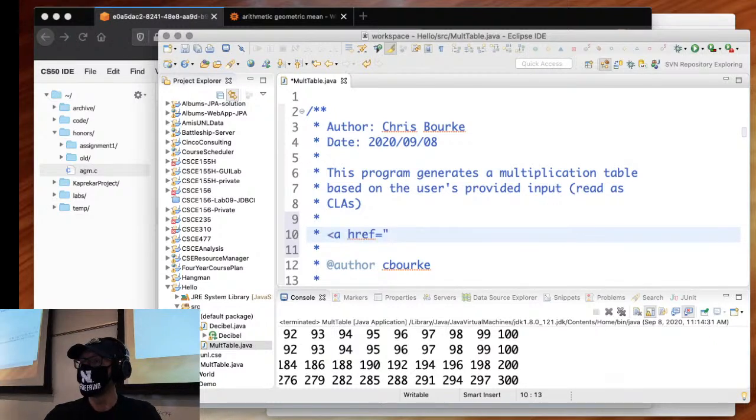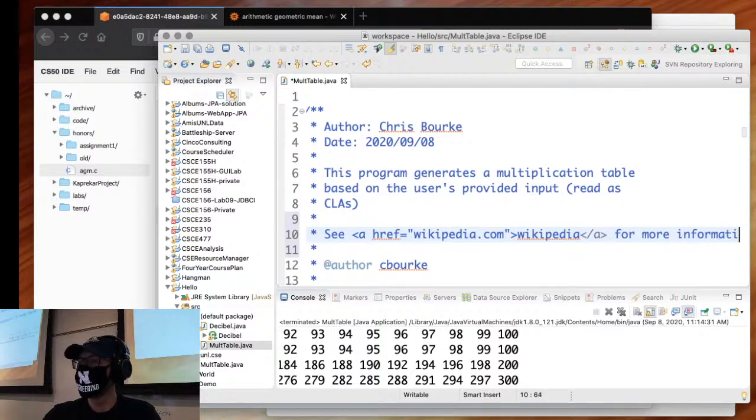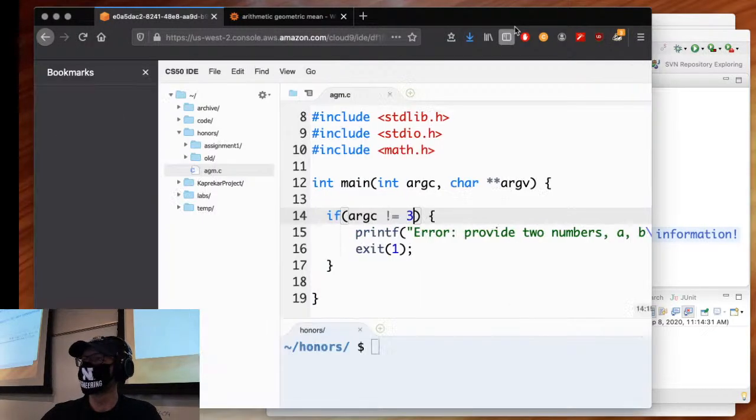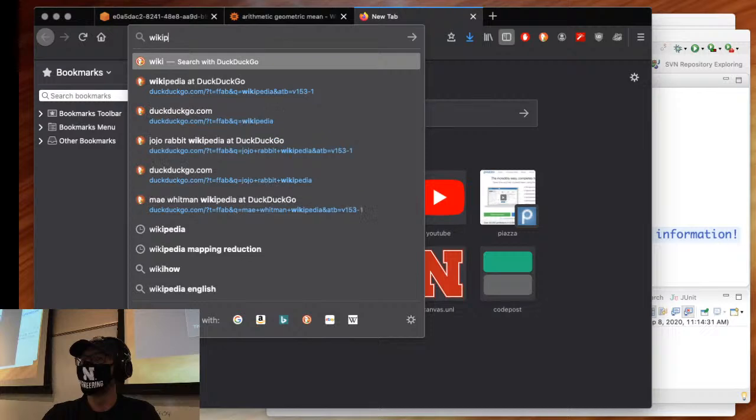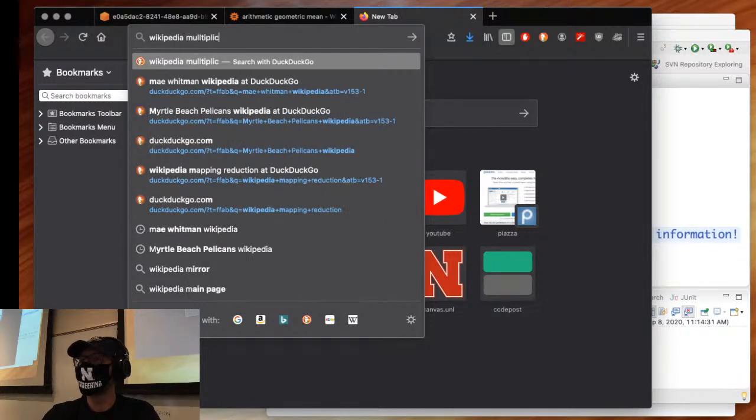href equals wikipedia.com, right? C. You can do something like C Wikipedia for more information. In fact, I'm sure that there's a Wikipedia article on multiplication table.